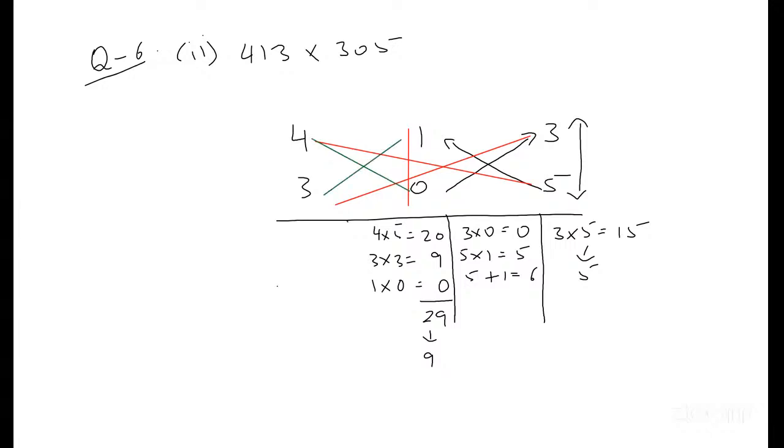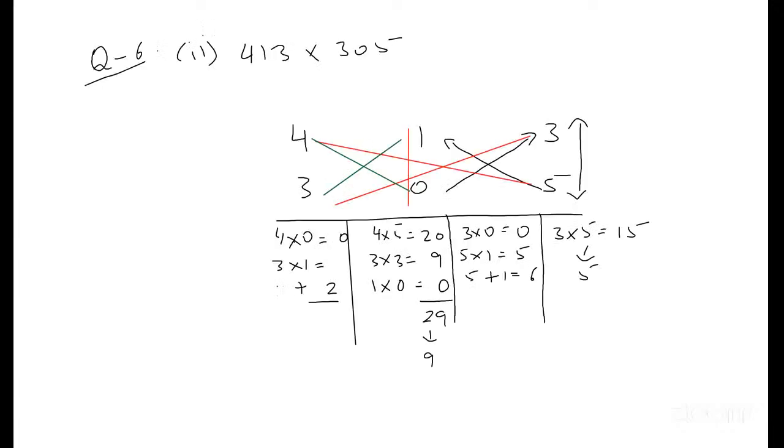So 4 times 0 is 0. Oh, sorry, 3 times 1 is 3, plus 2, 5.